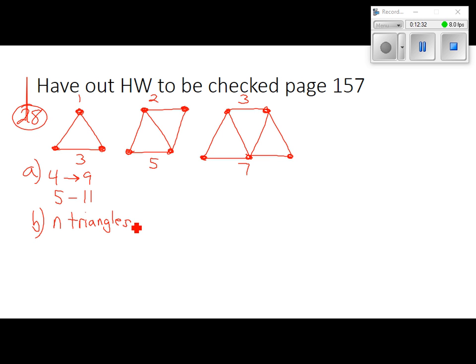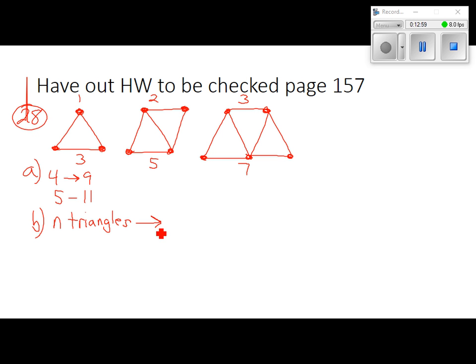This is where you gotta use your brain a little bit. For 1 triangle, how many segments? 3. For 2, 5. For 3, 7. What's going on each time here? Every time you go up one triangle, you're adding 2 segments. So how are we gonna do that if n is the number of triangles?